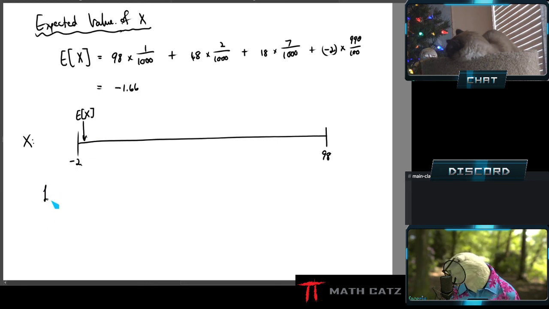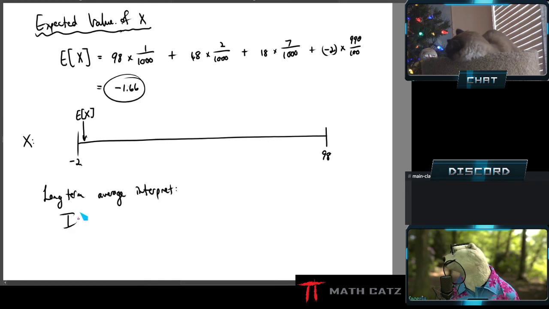But there's a more important interpretation. This expected value is sort of a long-term average, and I can interpret it that way. So we have to write it out, and then we'll repeat that next time with the following example. This expected value tells me the following.